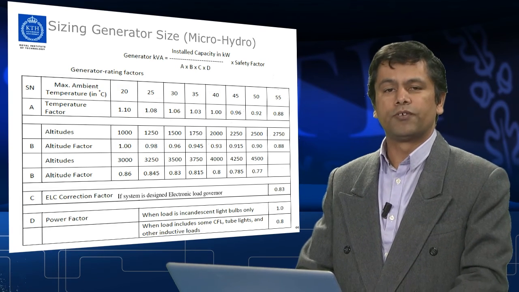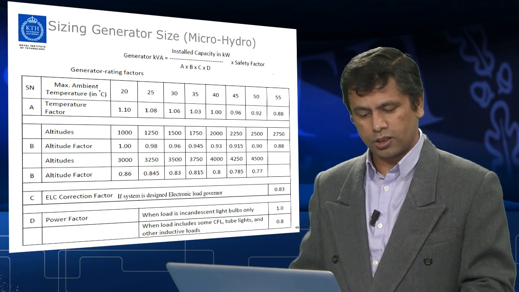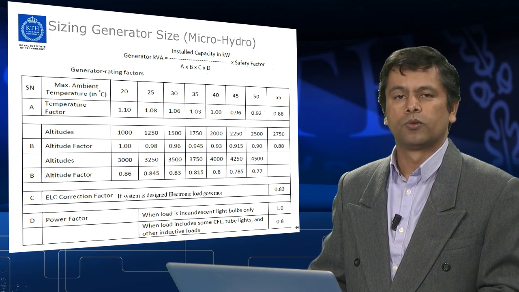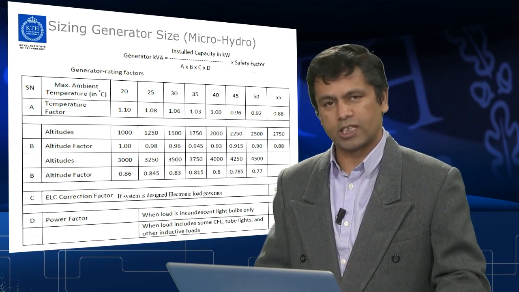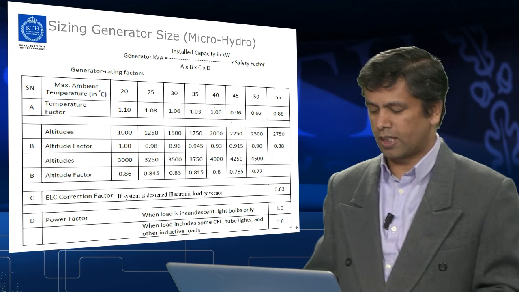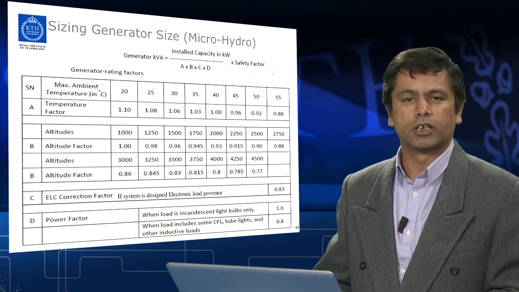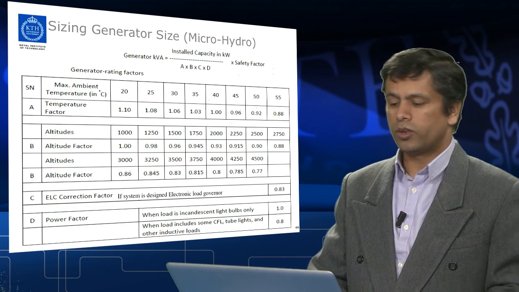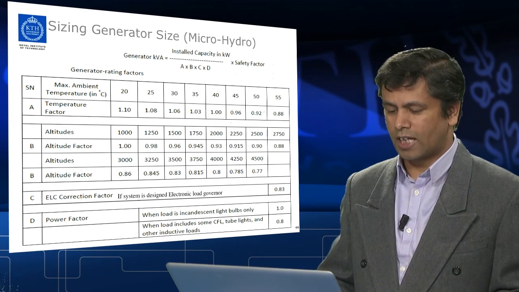And also, if you are using an electronic load controller as a governor, then you should also use this factor in sizing the generator. And also, what kind of load you are using. If you are using only resistive load, then you can use the power factor as 1, and if you are using other inductive loads, then the power factor we choose is 0.8. With all these factors, you can determine the size of the generator.